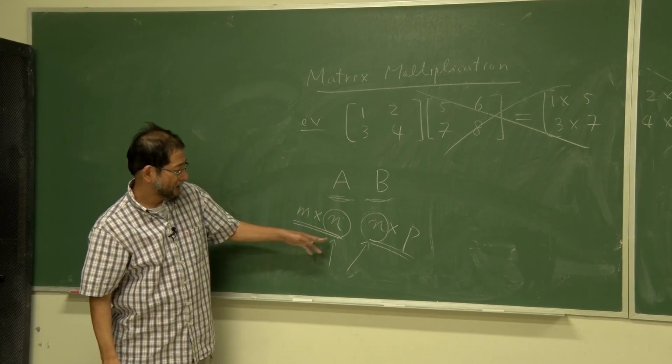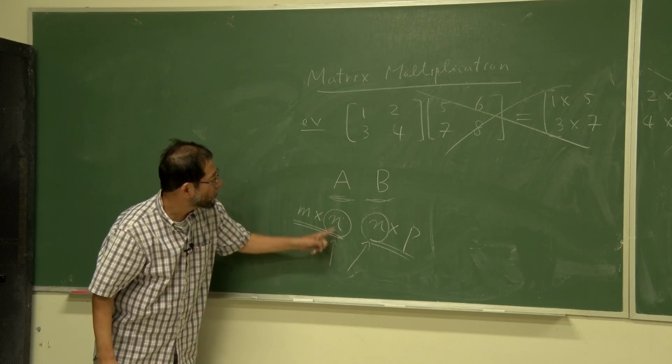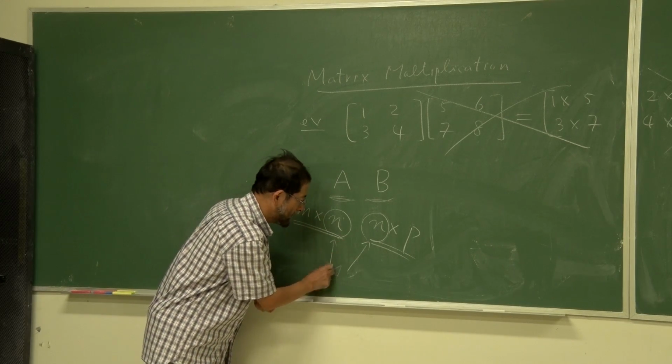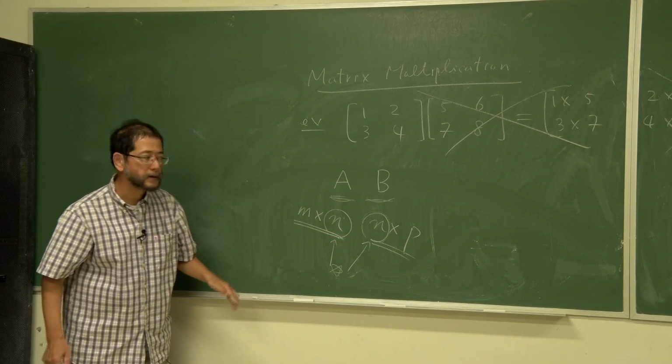Let me say that again: if you compare the number of columns of A and the number of rows of B, and they agree, then you can multiply. If not, you cannot.